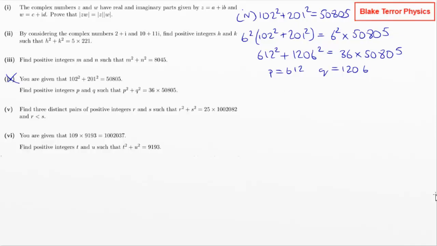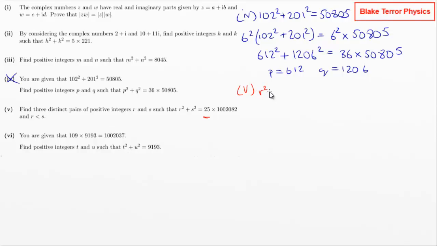This is flying along. So part 5, find 3 distinct pairs of positive integers r and s such that r squared plus s squared is 25 times that thing. Right, so we've got a number of things we need to do here, haven't we? And we've got our 5 squared there.